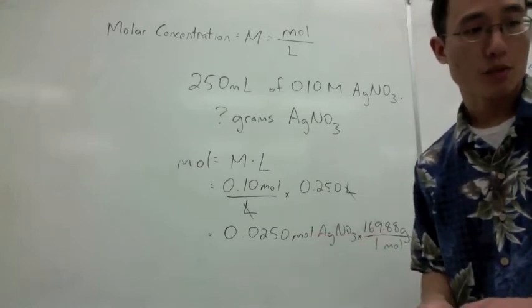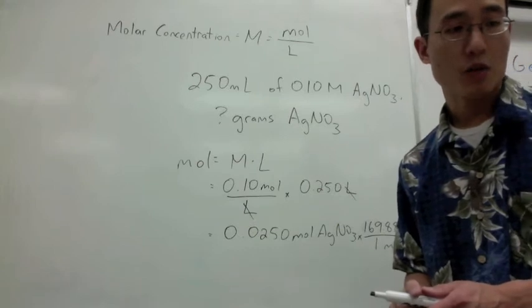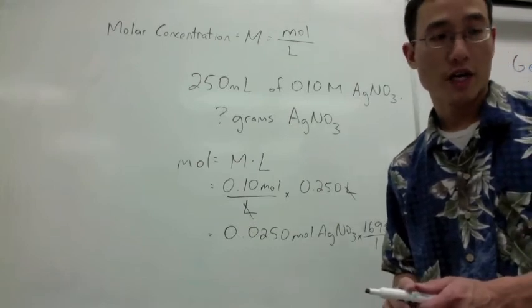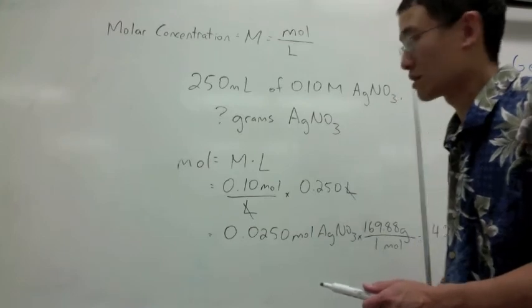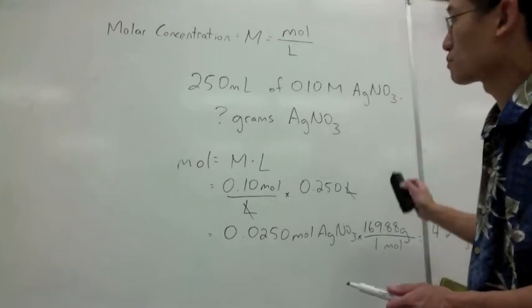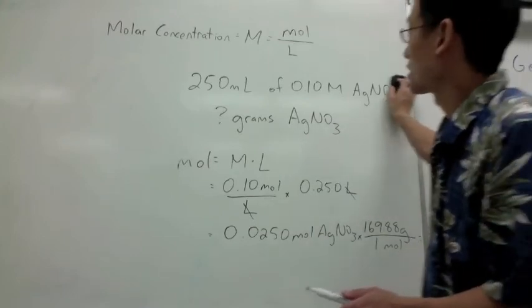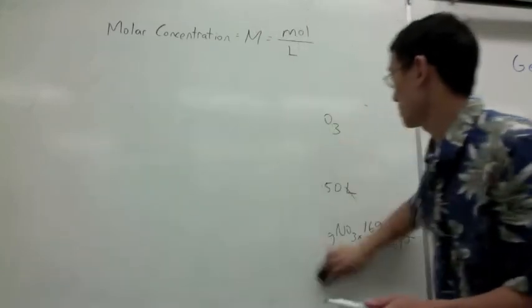Now the next question, number 7, asks how much volume is needed if I have 10 grams of silver nitrate to prepare a 0.25 molar solution. So I'm going to go ahead and set that up.